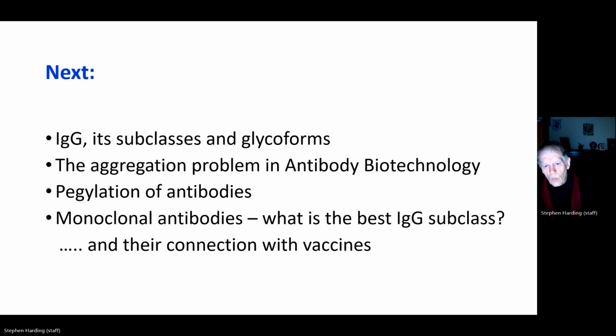We're going to consider monoclonal antibodies. And you can see which is the best IgG subclass for particular applications and the connection with the development of vaccines. Okay, thank you.